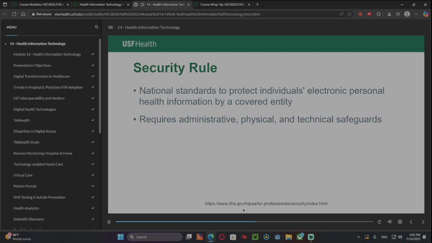Physical safeguards, of course, are regarding the equipment and systems to protect data from physical threats, environmental hazards, and unauthorized intrusion. An example of technical safeguards is controlling the access of protected health information, such as using passwords and user settings for allowing certain people to access data.